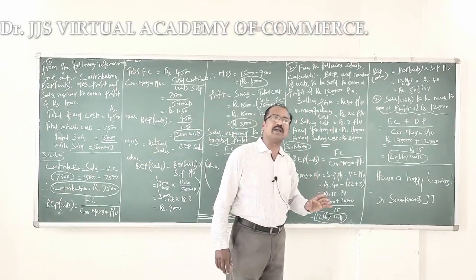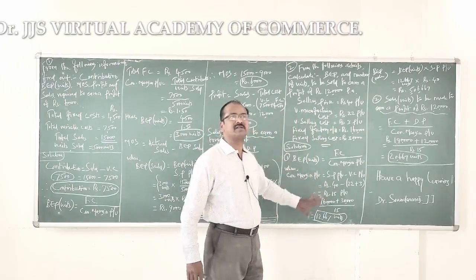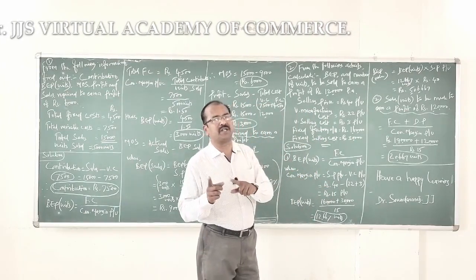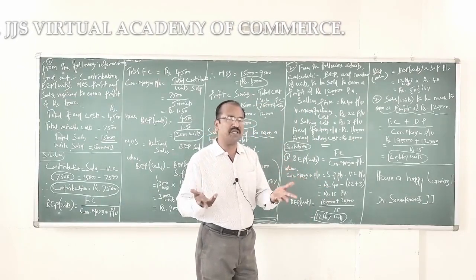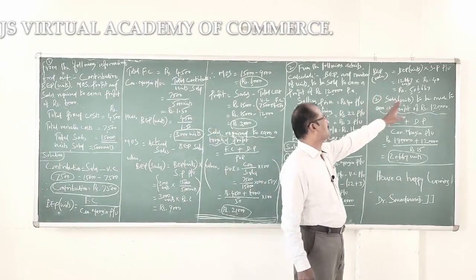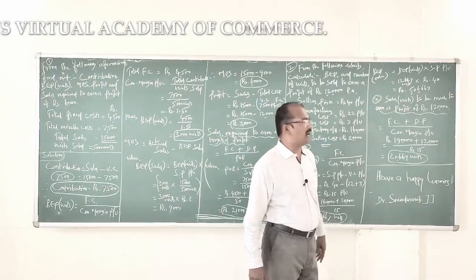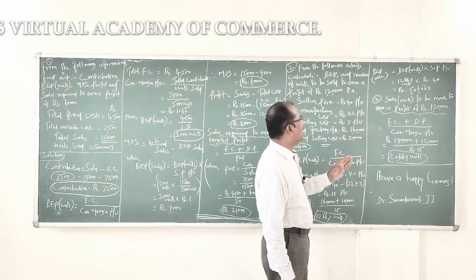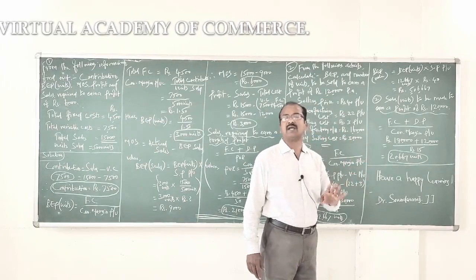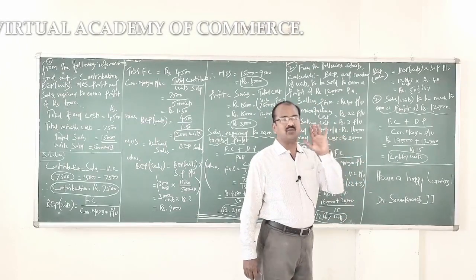How to calculate BEP in value in this situation? If you multiply BEP in units with the selling price per unit, you will get BEP in value. Fine. 12,667 units into rupees 40 gives us 5,06,667 rupees. That is the break-even point in value.